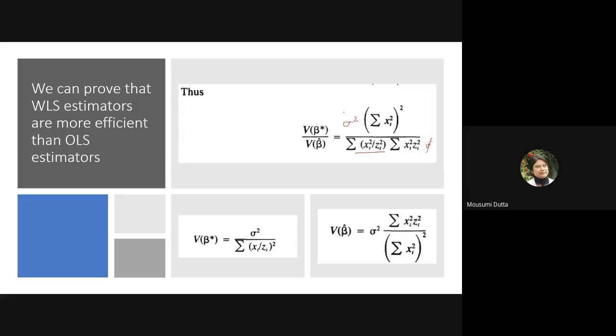That sigma square will be cancelled with this sigma square, and you will get summation xi square whole square, which will move to the numerator, and this term will remain in the denominator. So everybody understanding this? Variance of beta star by variance of beta hat is summation xi square whole square divided by summation xi by zi whole square into summation xi square zi square.